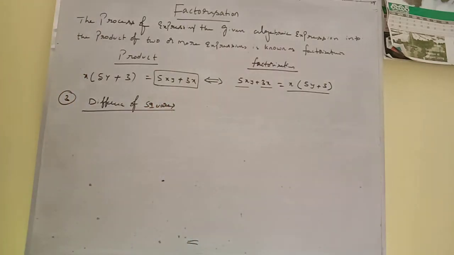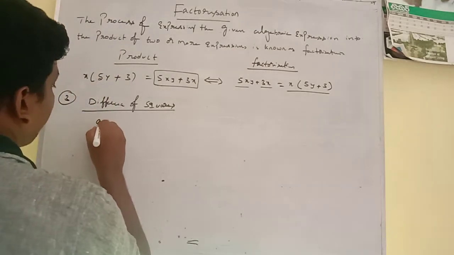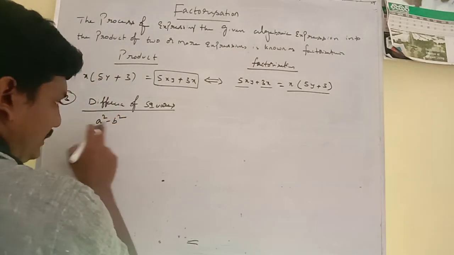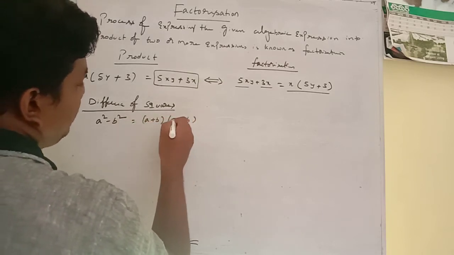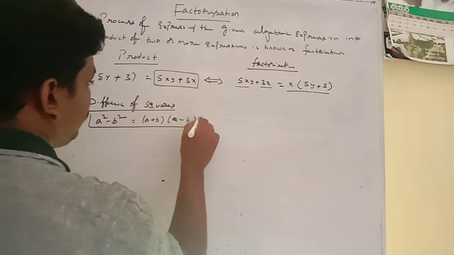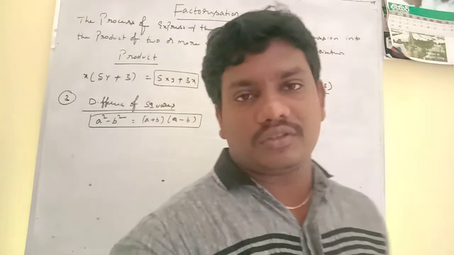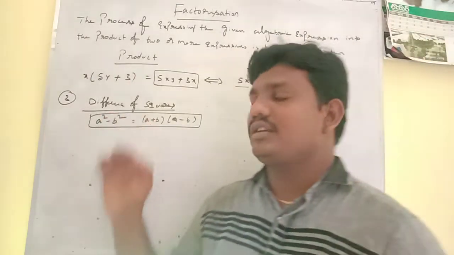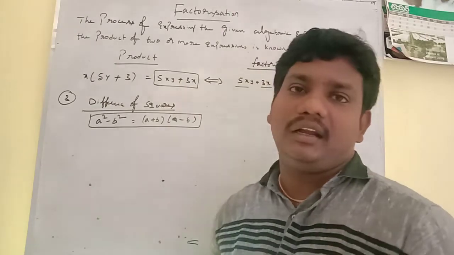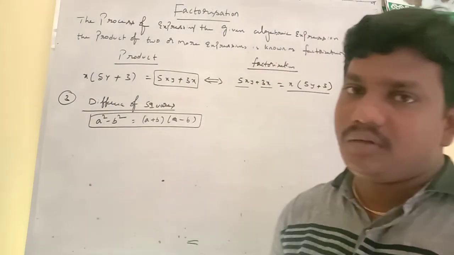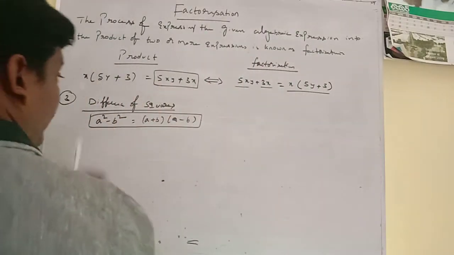We have one formula: a square minus b square, the difference of squares, becomes a plus b into a minus b. So we are using this formula by taking the difference of squares. This is called the factorization formula: a plus b into a minus b is equal to a square minus b square. By using this formula we can factorize the given expression in the form of the difference of squares.